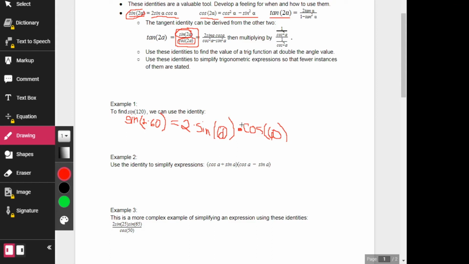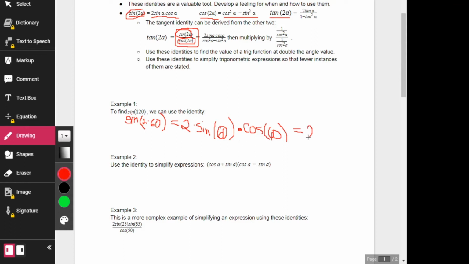Then, using your special right triangles, you might remember, or you might have to draw out the special right triangle, the 30, 60, 90. But you say, I know that sine of 60 is root 3 over 2, and I know cosine of 60 is a half.